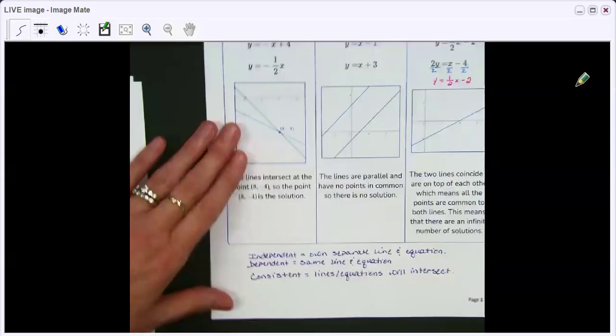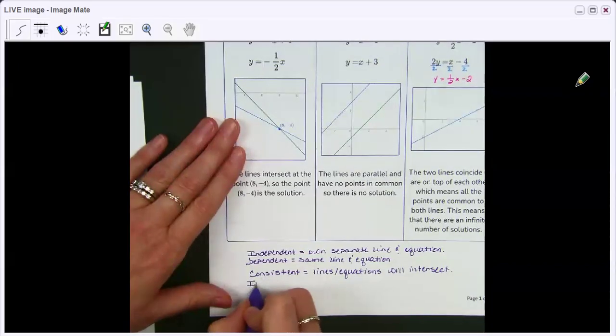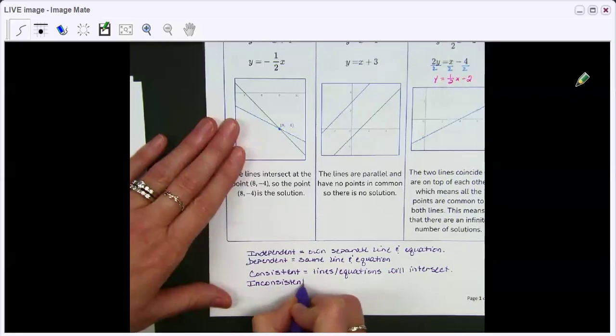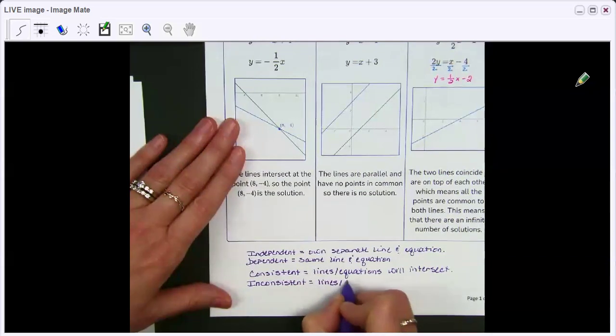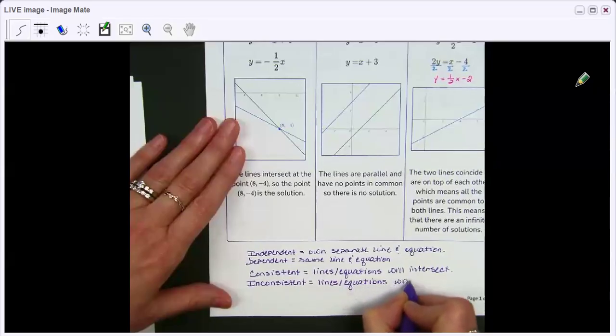Inconsistent lines or equations will not intersect.